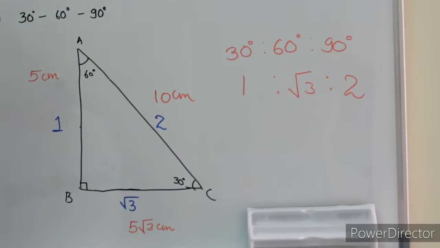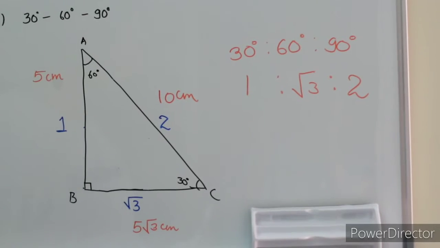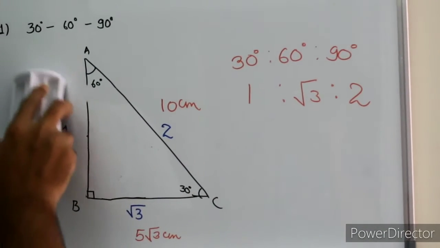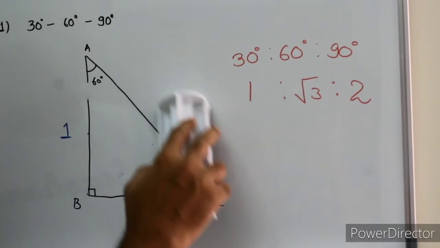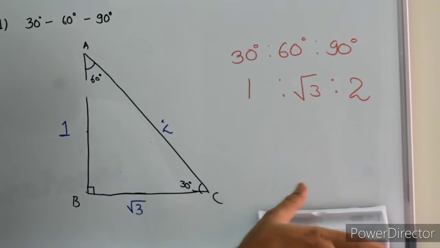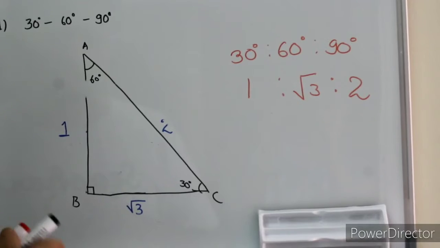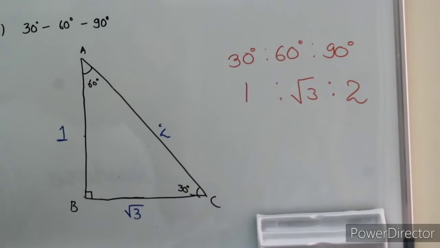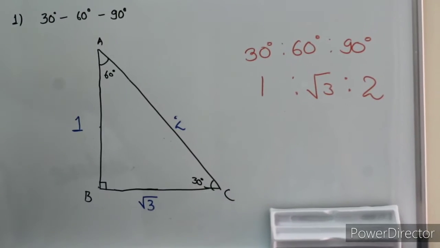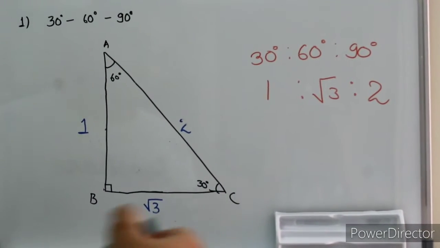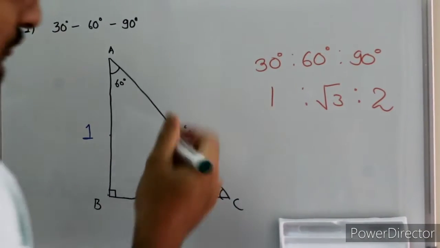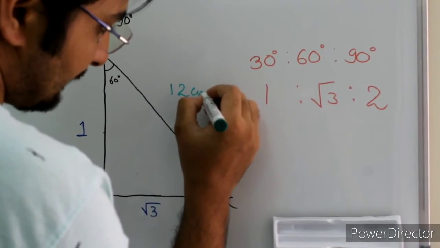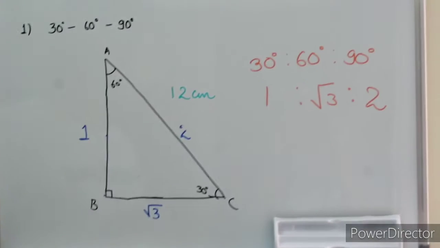Okay? So I can take some other example also. Let me take one more example, guys. From that, if you have any doubt, your doubts will be cleared. Let's say the side opposite to 90 is given to us as 12 centimeter, and we have to find the other 2 sides.